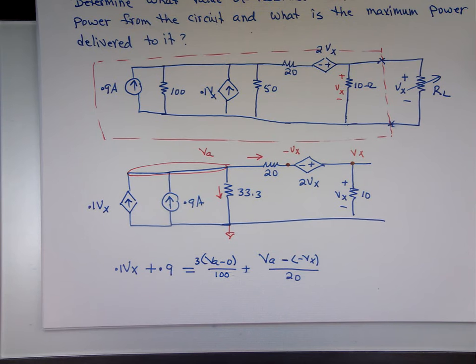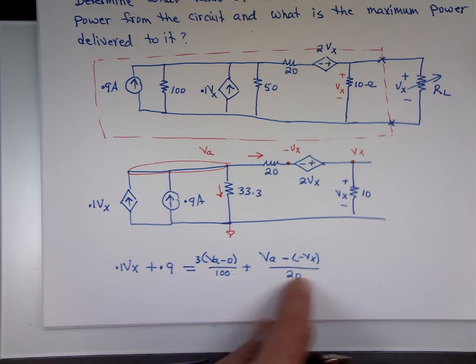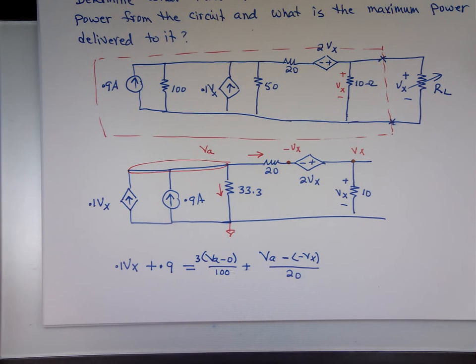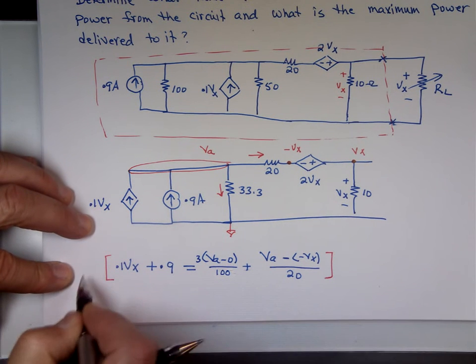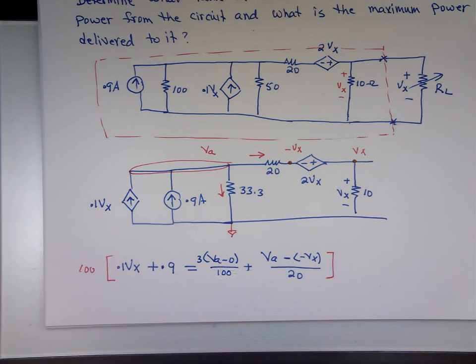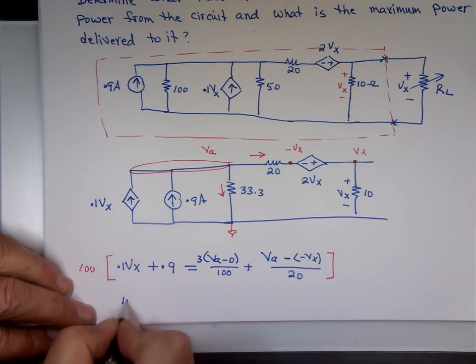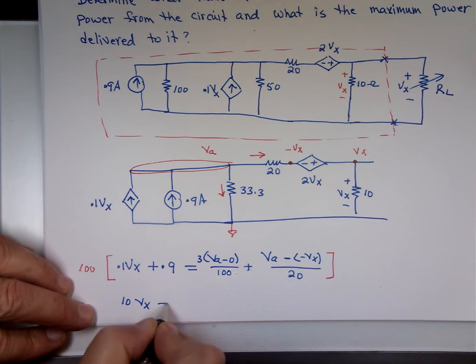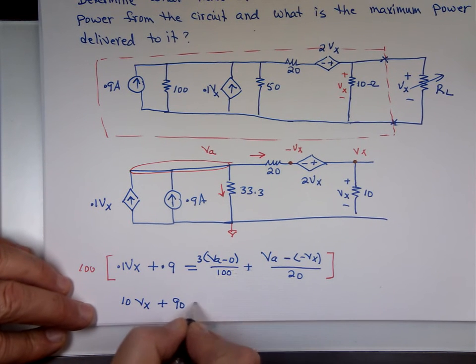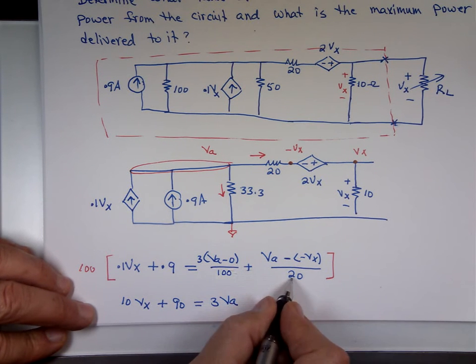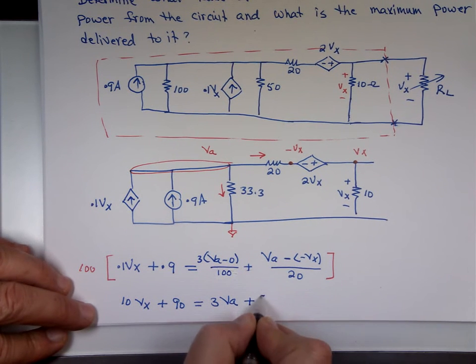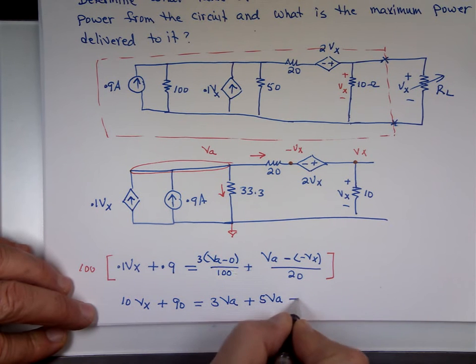So it makes my LCD easier. Why? You multiply everything by 100. So if I multiply by 100, 10Vx plus 90 equals 3VA. This will be 5, right? Plus 5VA plus 5Vx.